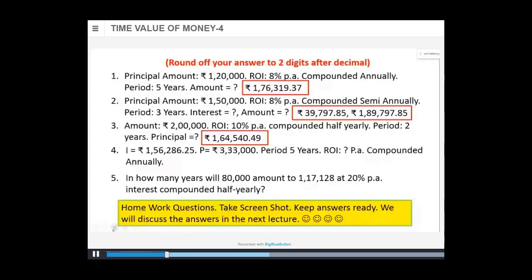First try and get the exact answer. If not, then near about. I'm not talking about the integer part. The integer part has to be 1,64,540. I'm talking about after the decimal point. So that is paise. So paise ka jada difference nahi hai.